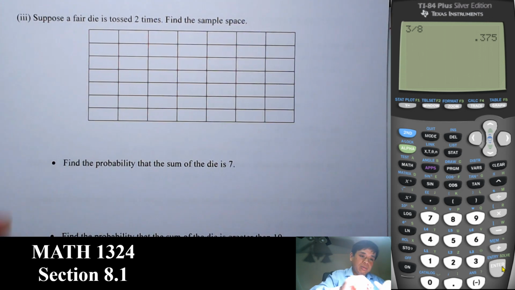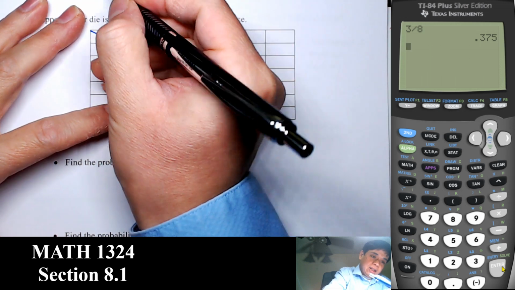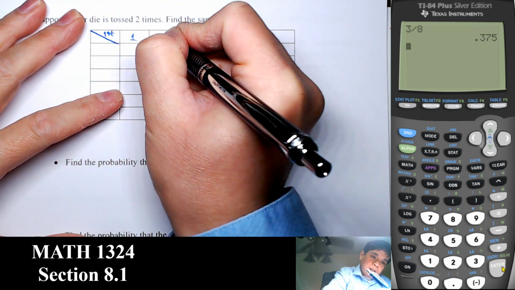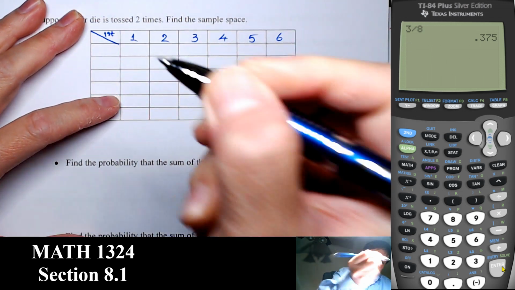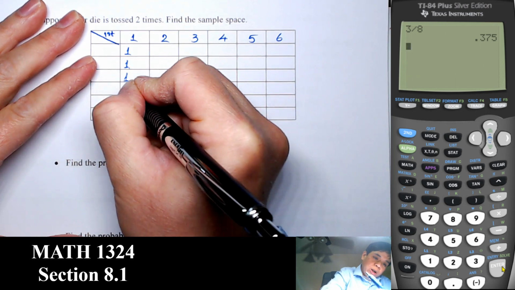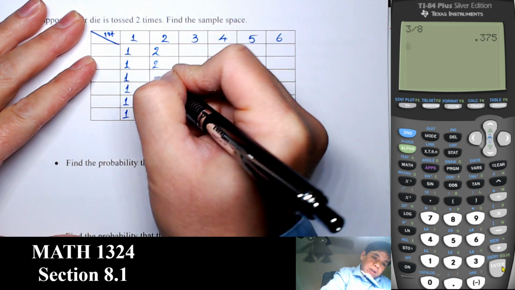So the way we list them is, as said, this is the first die. The first could get 1, 2, 3, 4, 5, or 6. So we say the first die is 1. Second, the first could be 2.